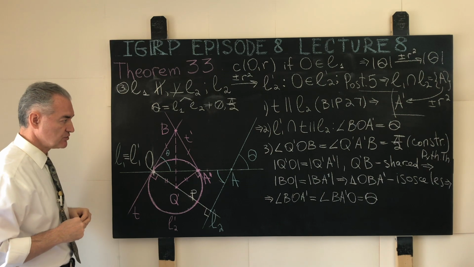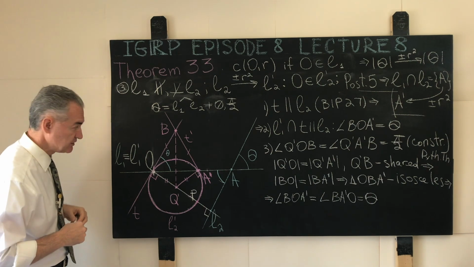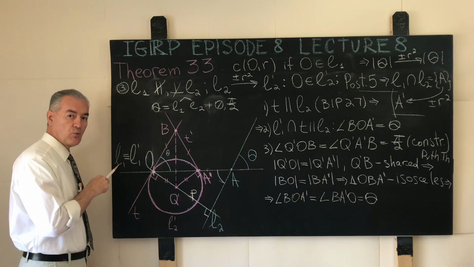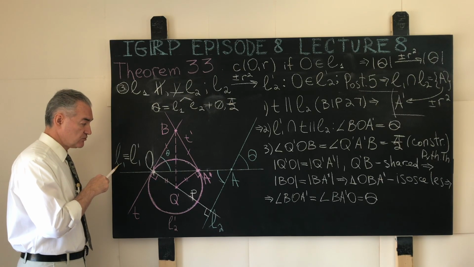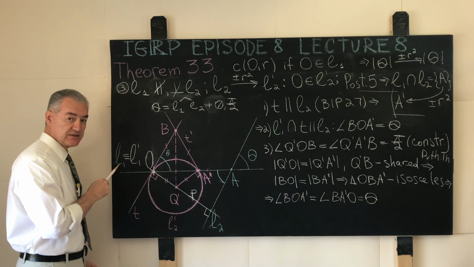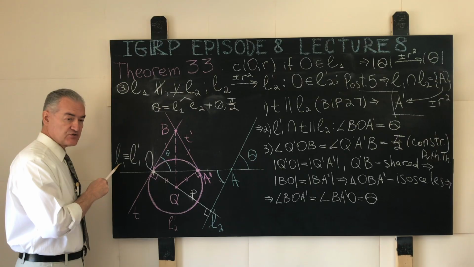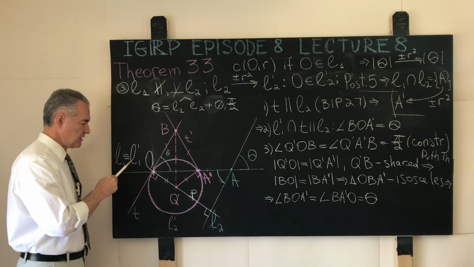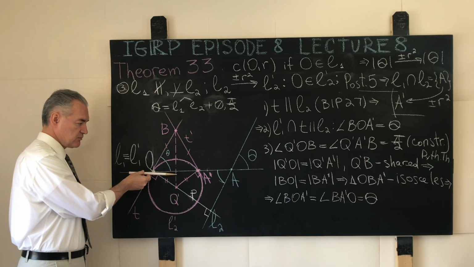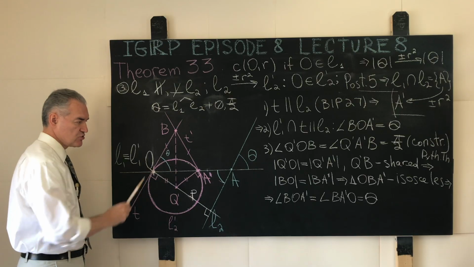And what are the images of these objects? Well, here the story is exactly the same. The image of the given straight line, one of which passes through the center of inversion, let's say we agreed this to be a sample green straight line L1, will be the straight line L prime 1, which will essentially be exactly the same straight line that also passes through the center of inversion.